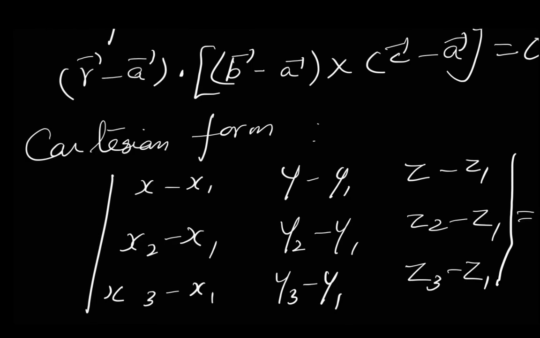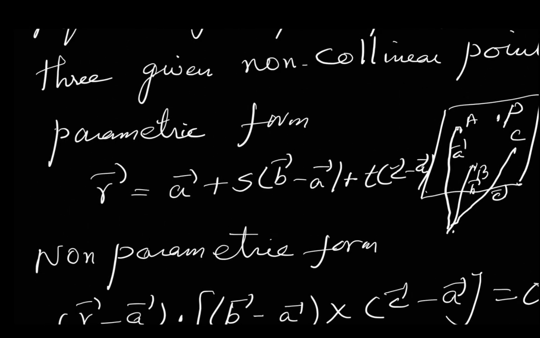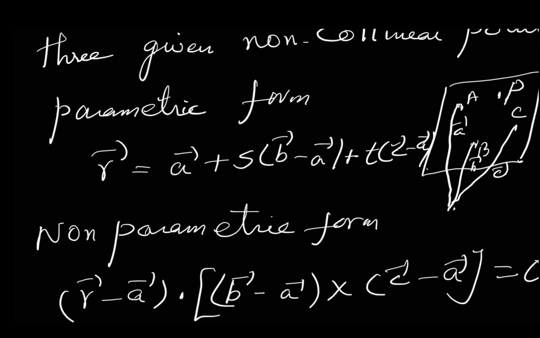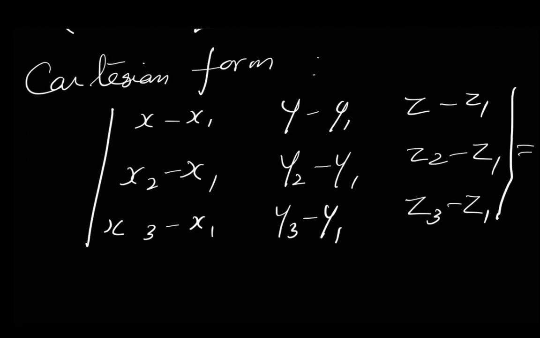So this is the Cartesian form in determinant form. You have three forms and three position vectors. So s goes with b minus a and t with c minus a. That comes in the cross product, b minus a cross c minus a, then r minus a dot. Then the Cartesian form. Let me do the sixth sum for you, applying this.